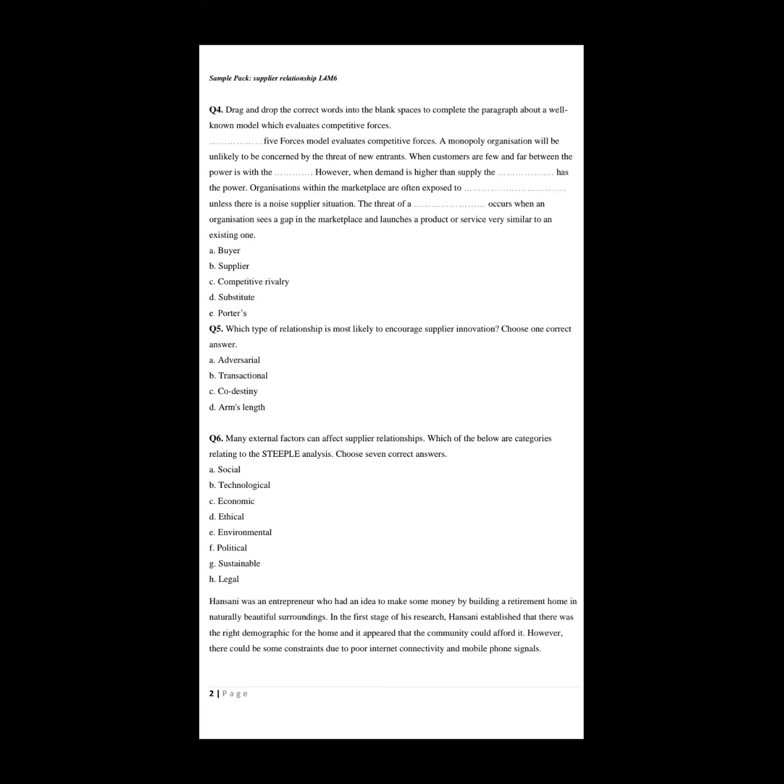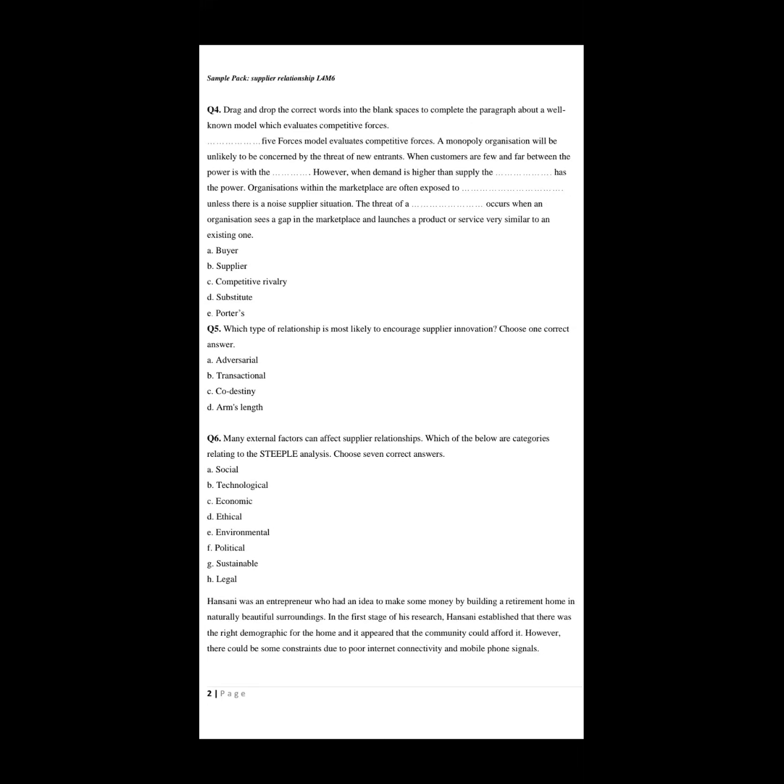I see sustainable. That's not part. It means the rest are part: legal, political, environmental, ethical, economic, technological, and social.